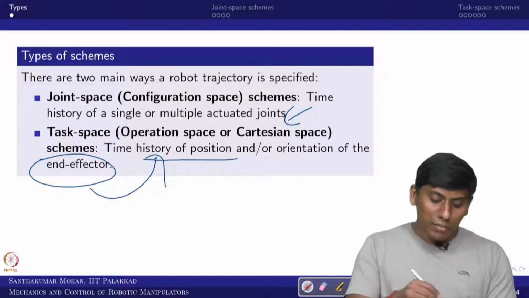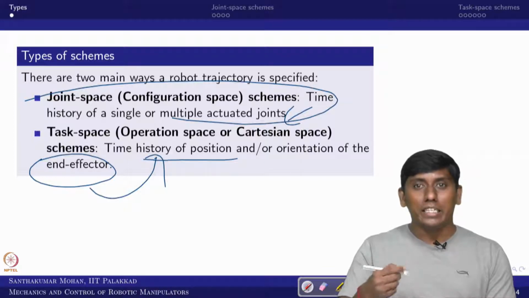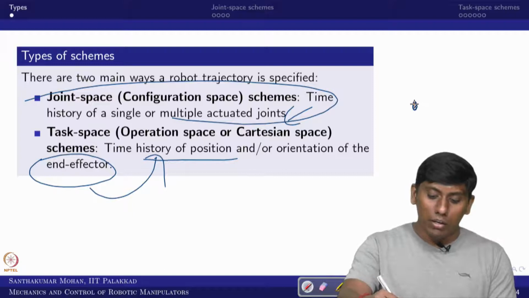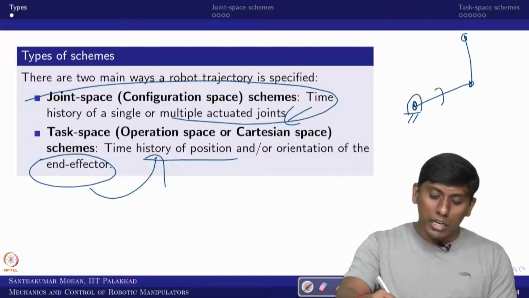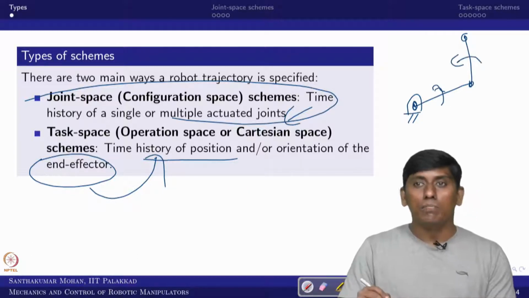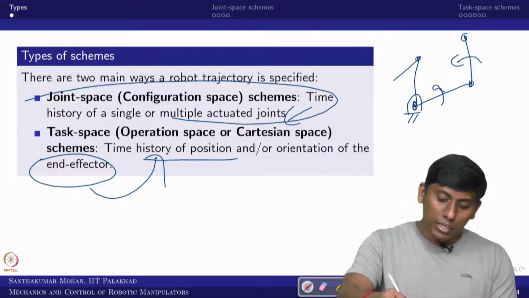We will first talk about the joint space scheme. Even the joint space scheme can be done in two ways. One is sequential, in the sense of series actuated joints. For example, this is a simple serial 2R manipulator. First I rotate this joint, then I rotate the other joint.